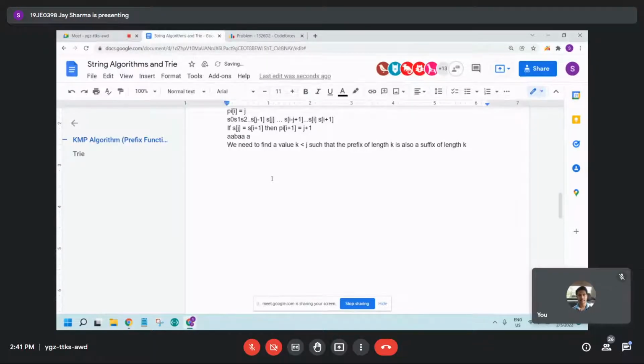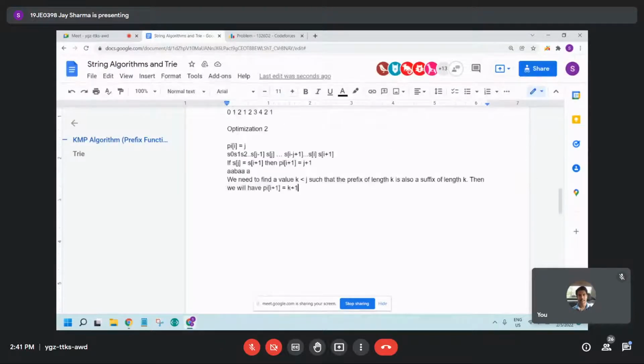And we need to find the maximum such value, the first such value which is satisfying this property. And if we can find this value which satisfies this property, then we will have pi of I plus 1 equal to k plus 1.